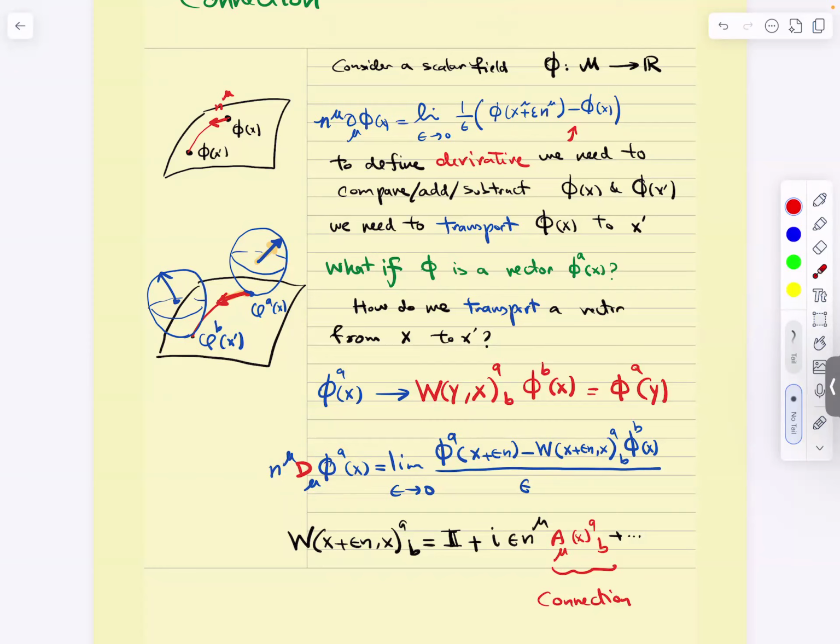That's well defined: a particular choice of connection. Now it's easy to see that the covariant derivative transforms covariantly. Think about what that means. Now, a covariant derivative transforms covariantly, as it should.